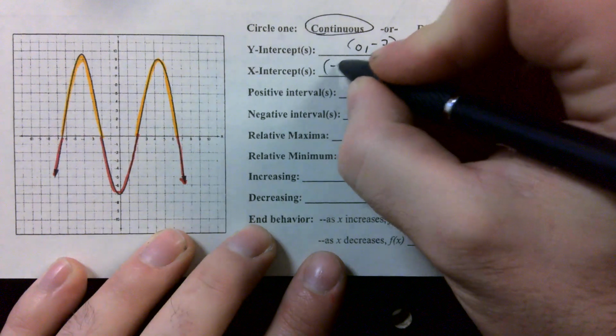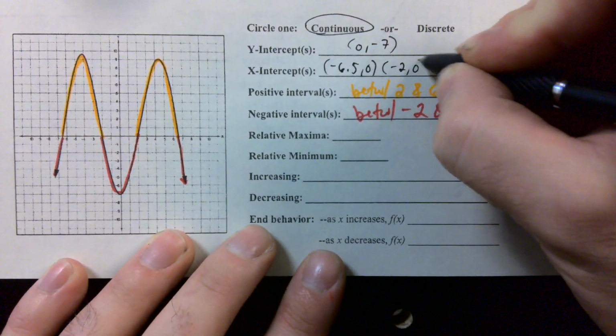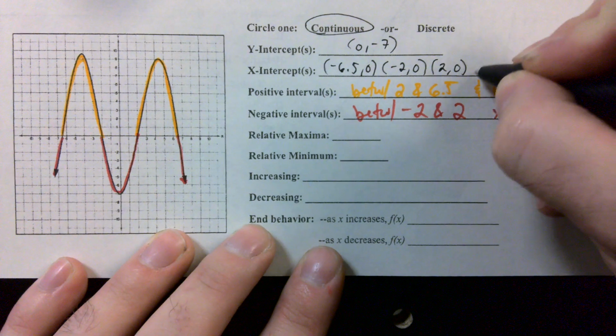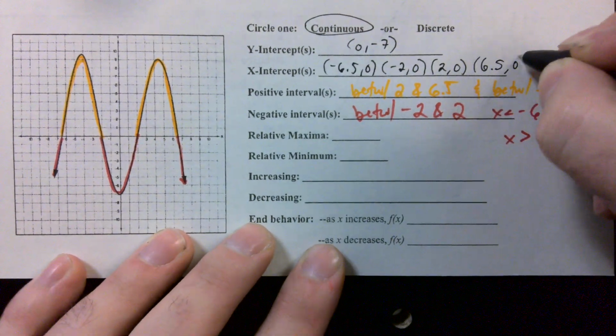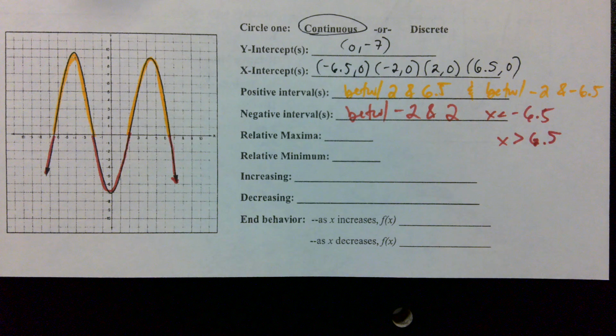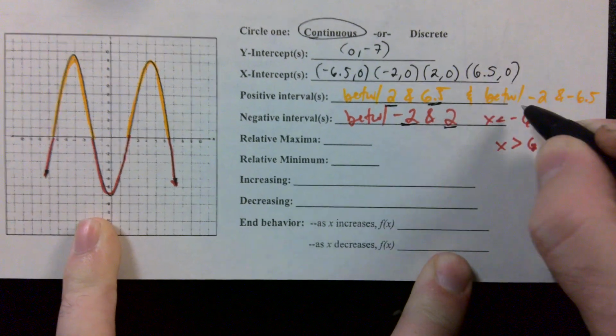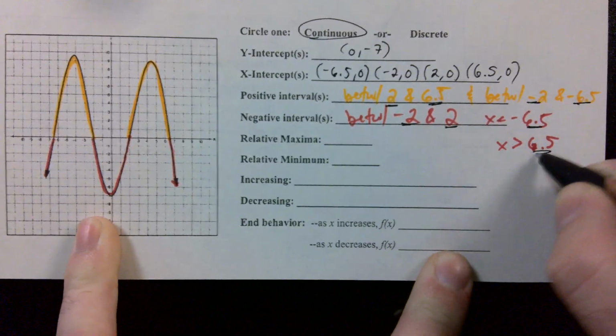Yes. -6.5, -2, 0, 2, and 6.5. Look at that. The numbers in my x-intercepts are all the numbers in my positive and negative intervals. I'm only using those numbers.